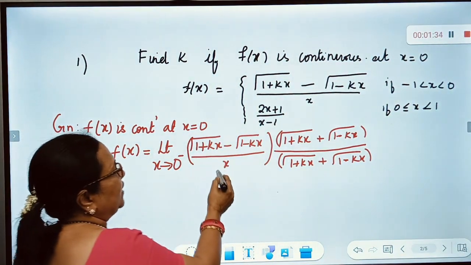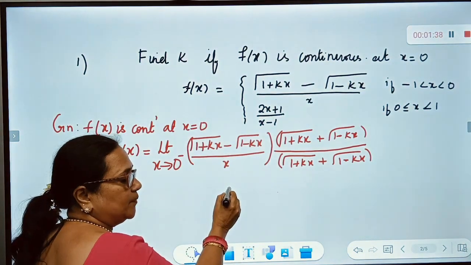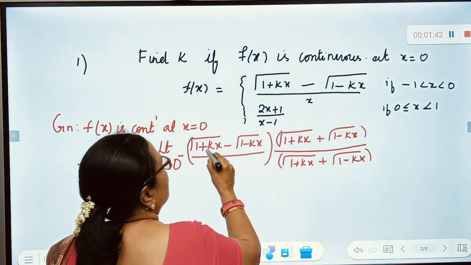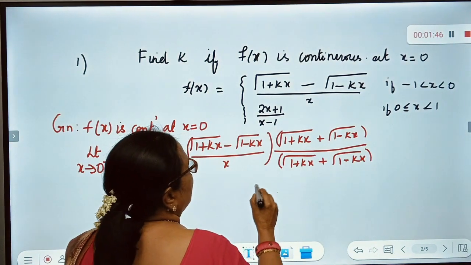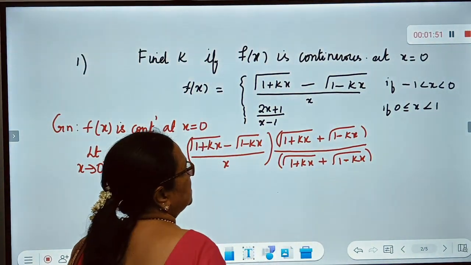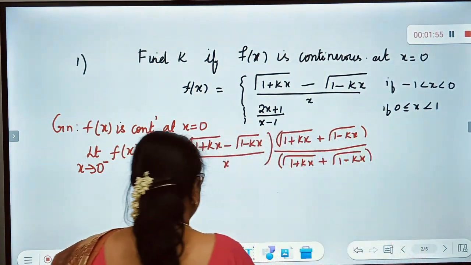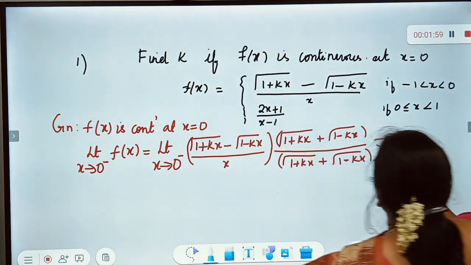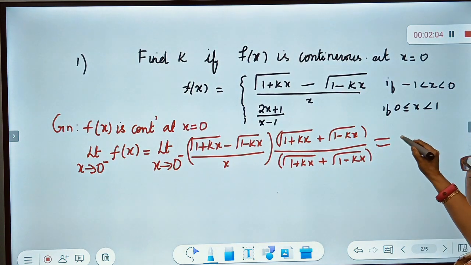Now for left hand limit, I can't directly substitute x as 0 because it will be indeterminate. So I have multiplied and divided by the conjugate. That is root of 1 plus kx plus root of 1 minus kx divided by root of 1 plus kx plus root of 1 minus kx. Now what will happen to the numerator? This is of the form a minus b into a plus b, so a square minus b square.